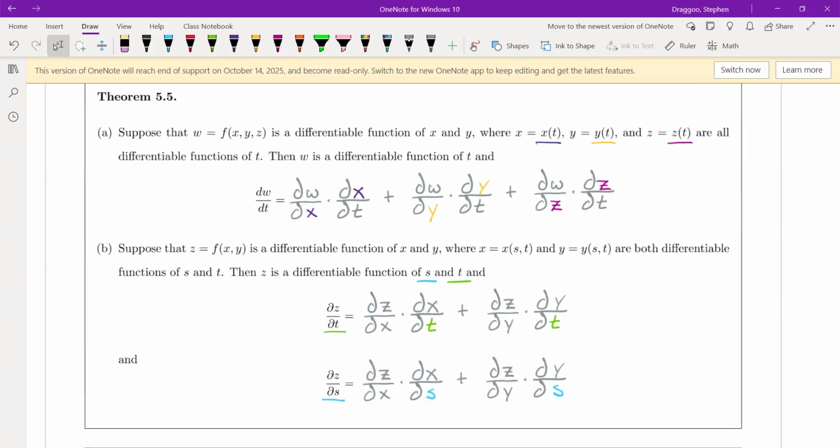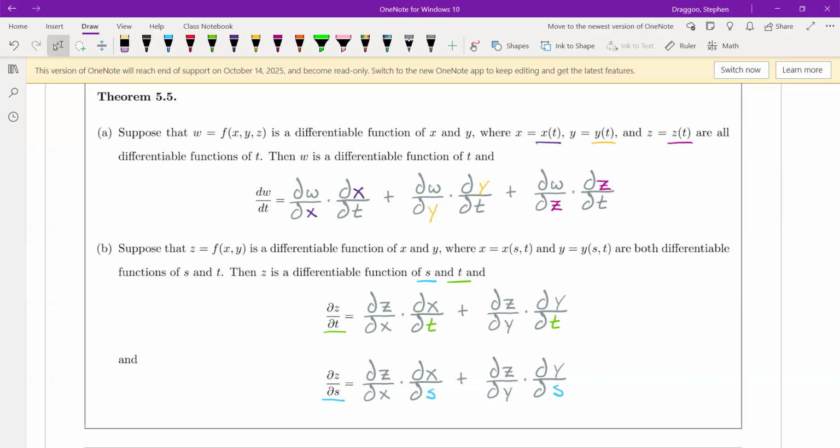So our full formal definition of the multivariable chain rule probably is something like this. If I've got my function that's w, and it's a function of three variables, x and y and z, but each of those variables, x, y, and z, can be parameterized using t, then our differential, or our full derivative of w with respect to t, is going to be made up of an x, a y, and a z partial.